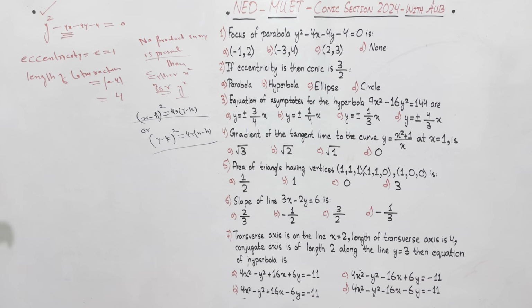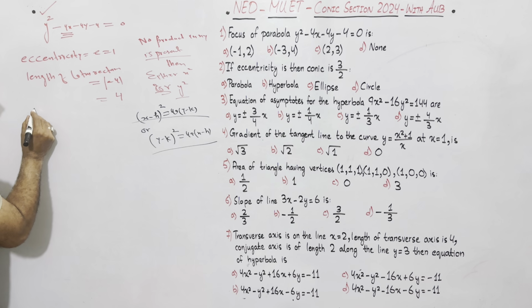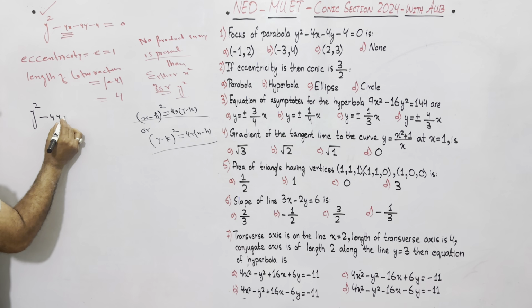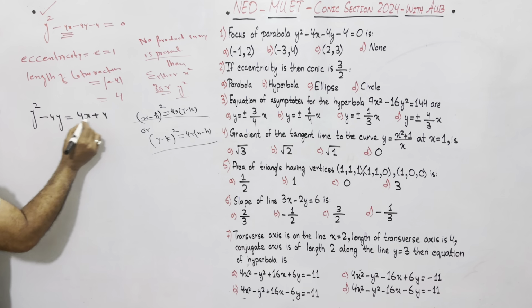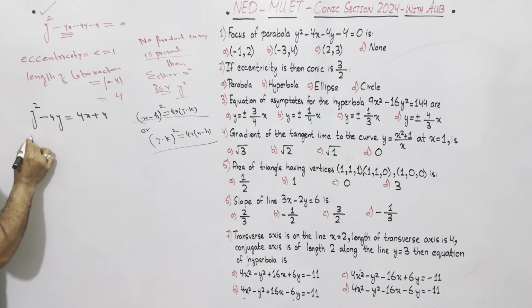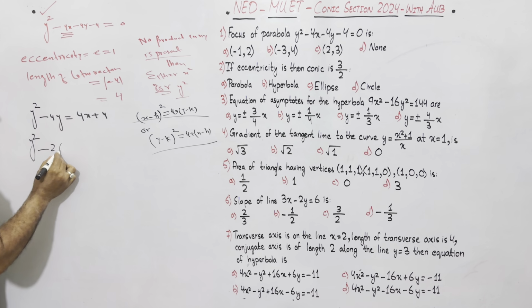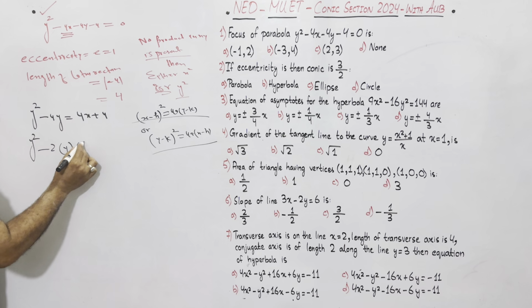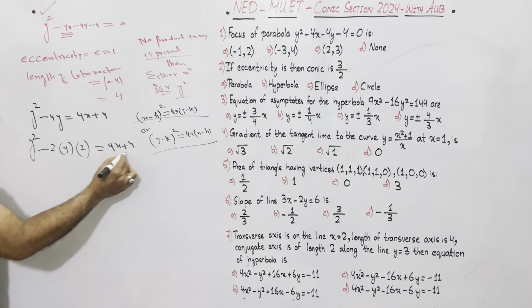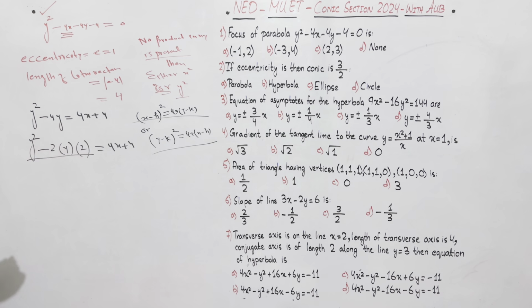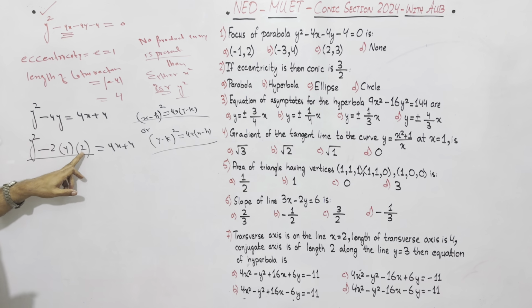In our case y has a square, so writing the y terms on the left hand side and shifting the rest to the right, it becomes y square minus 4y is equal to 4x plus 4. To make it a perfect square, 4y can be written as 2 times y times 2, so the second term is 2.